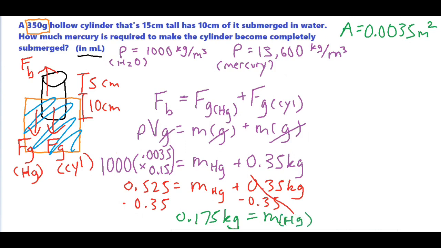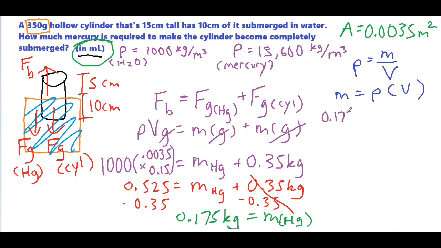All right, so that looks like a helpful piece of information, although that's not our final answer, because we're looking for a final answer that is a volume in milliliters. So we do know that if we take the density of an object, the density is the mass over the volume. Therefore, the mass is equal to the density times the volume. So that's exactly what we're going to use. We have a mass of the mercury.